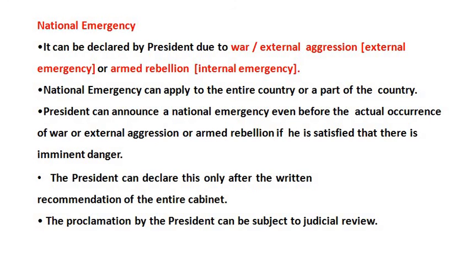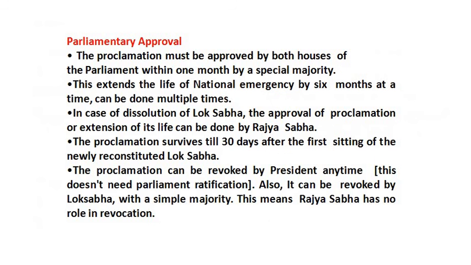The president can declare this only on the written recommendation from the entire cabinet. The entire cabinet has to give the written recommendation for the national emergency to the president before the president announces it. The proclamation by the president can be subjected to judicial review.